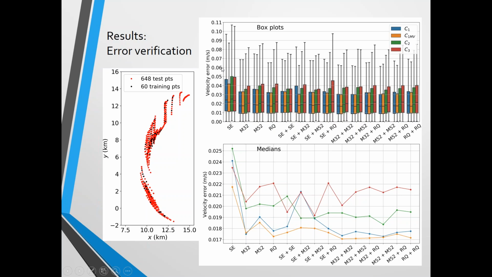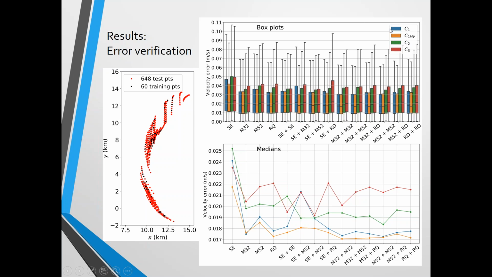Here I have box plots of the errors. The colors are the different coordinate systems, and each column here is a covariance function. And here I have the median of those errors. I used the median because there is a high skewness on the distributions of errors.